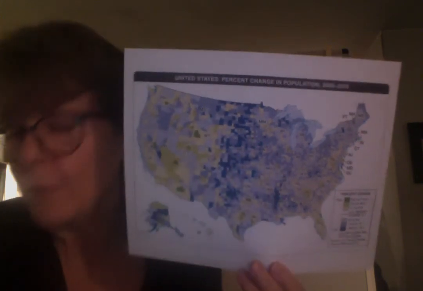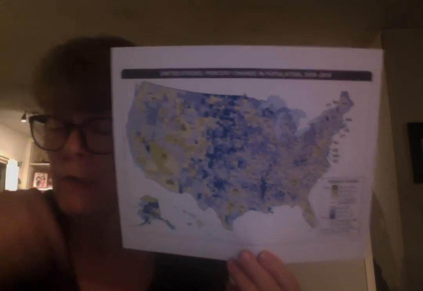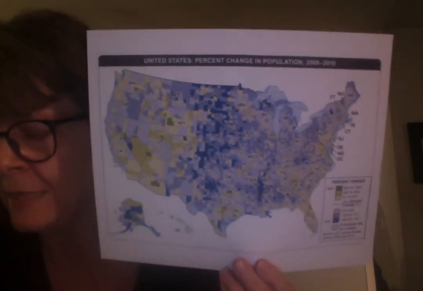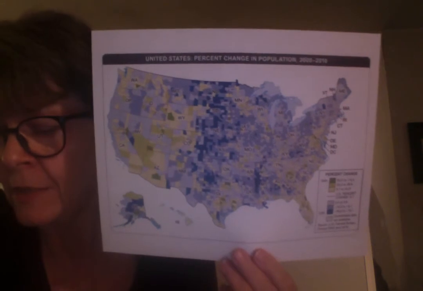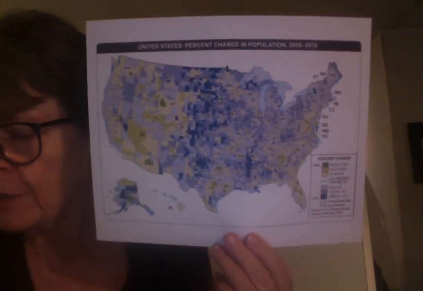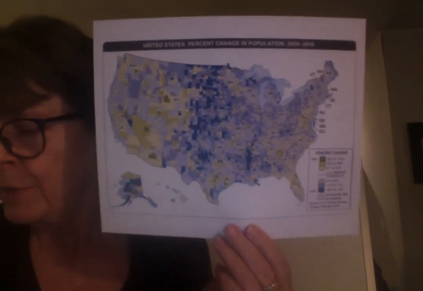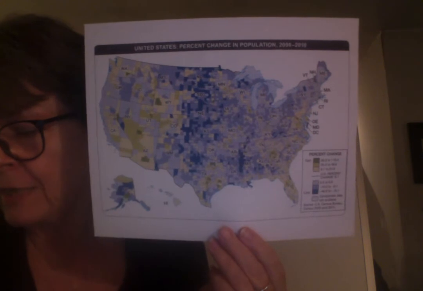Lots of dark blue there. And Florida doesn't have very much dark blue at all. So looking at the colors, the Great Plains is the answer, letter C. Number 5, in general, which of the following parts of the country experienced the highest rate of growth between 2000 and 2010?